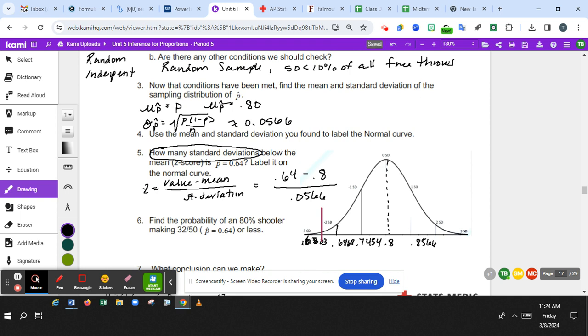Okay, so we can calculate that z-score. And I get negative 2.8269. Which, remember, with z-scores we really only have to go to 2 decimal places.